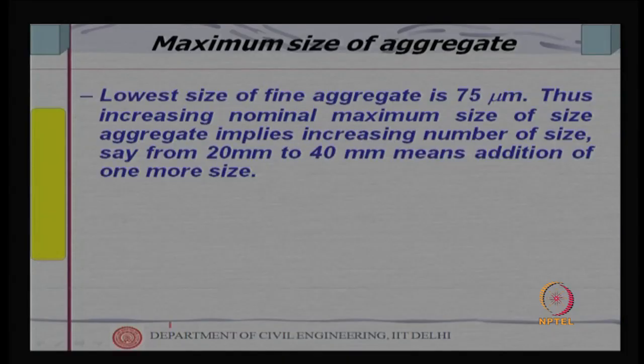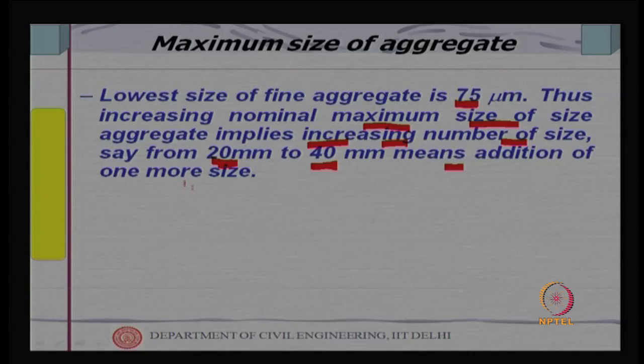So, the lowest size we say is 75 micron, because that is the sand size. Thus, increasing the nominal maximum size of aggregate implies increasing the number of sizes by 1. So, if you are using a maximum size of 20 mm and now you decide to use 40 mm, it means that you have added one more size, which means my packing density will increase and I can use less paste, right.